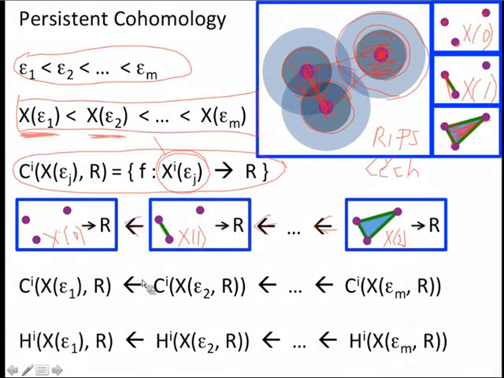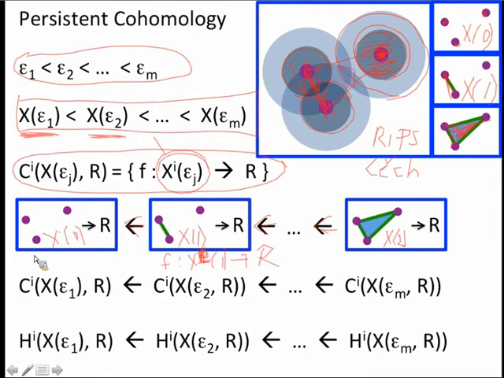Well, I need to be able to take a function here, so maybe I'll take a function that goes from this over here, and our function might be acting on, say, just our vertices maybe at time 1, or just our edges, or just our faces, whatever we have. So our function will be going from that into our ring, and I want to send that to a function over here.